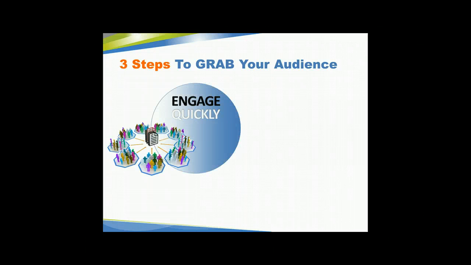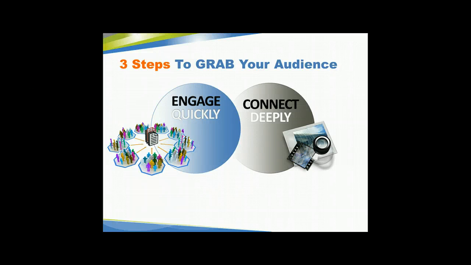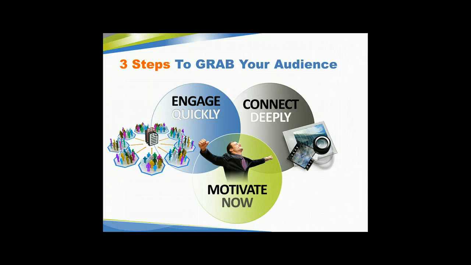The first step is to engage your audience quickly. We're going to spend a lot of time on this and look at how you actually engage an audience. What does that mean? Then we're going to move into how you connect with that audience deeply. We want to show you how you can build a really strong bond with those clients, those potential people. And the third step is probably the most important one.